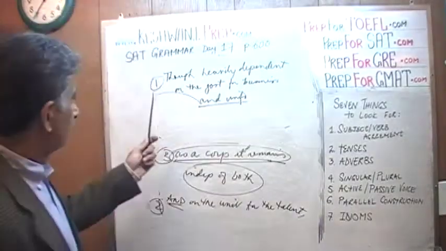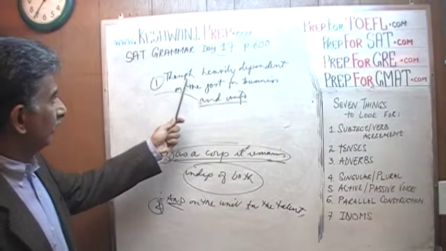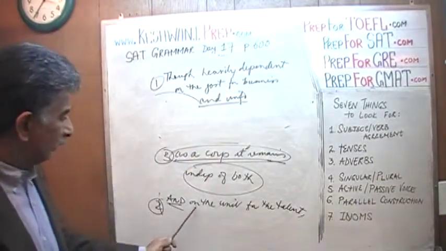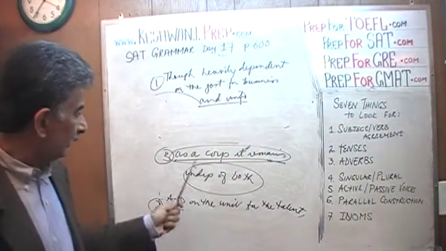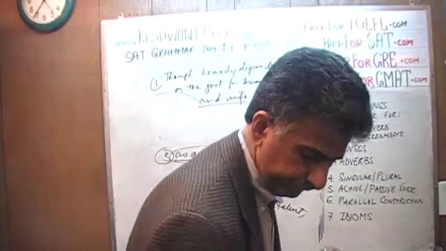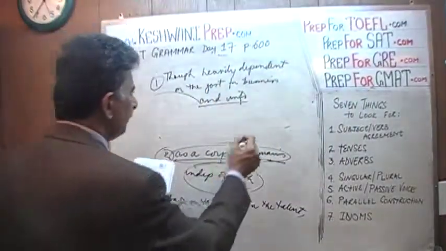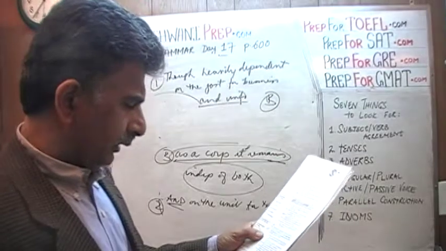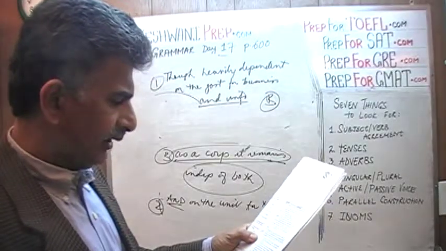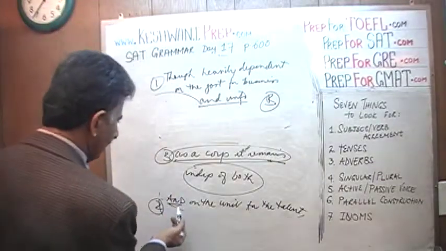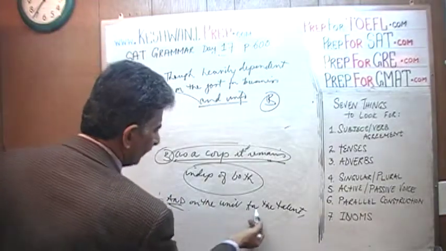That's what it is. Again, one more time, it has three parts to it. Though heavily dependent on the government for business and information, and on the universities for the talent, as a corporation, it remains independent of both. Let's see what we can do. B says, information and on talent by the university. We did not say on talent by the university. We said and on the university for the talent.